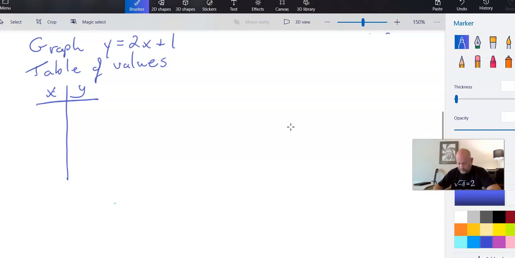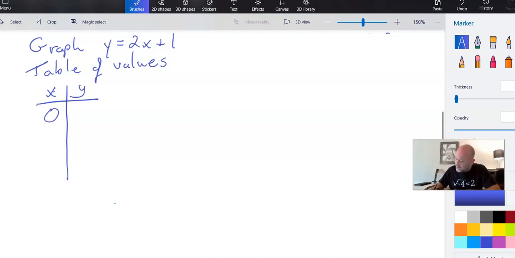And what we do now is we just pick values. So let's pick a value for x. What would be really, really easy to plug in? Like a 0 or something? Yeah, a 0. Zeros are great to plug in because zeros kill people. So let's start with the first value here, 0.